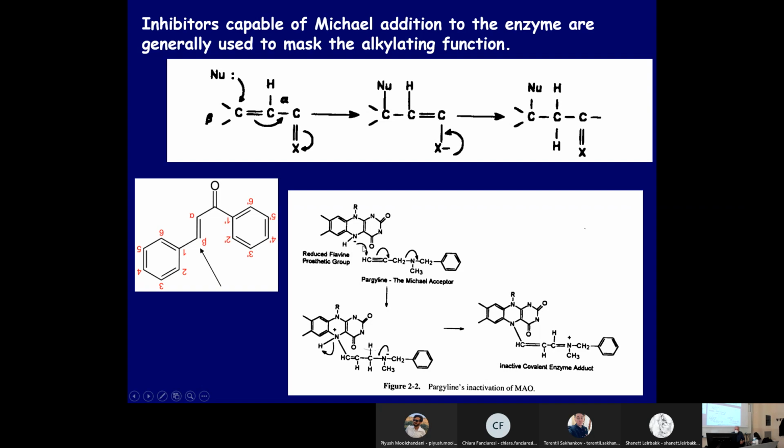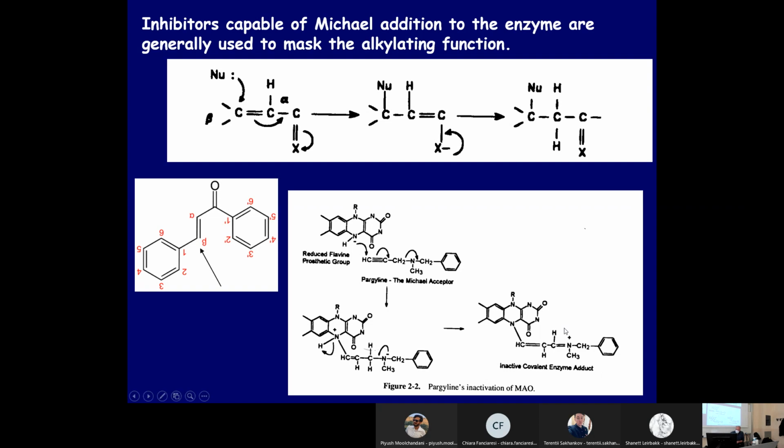Here you see this type of atom has a minus charge. And this minus charge is able to attack the Michael acceptor. The Michael acceptor is a drug called pargyline, and you can see the formation of a covalent bond, and in this way the enzyme is blocked irreversibly.